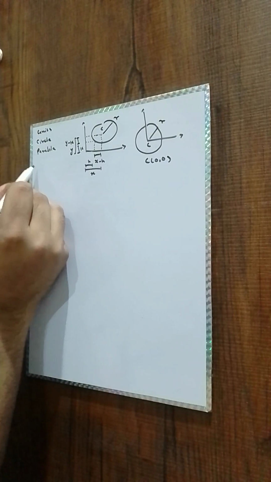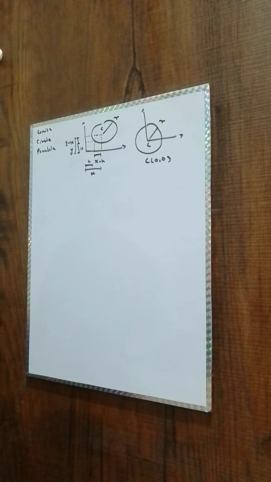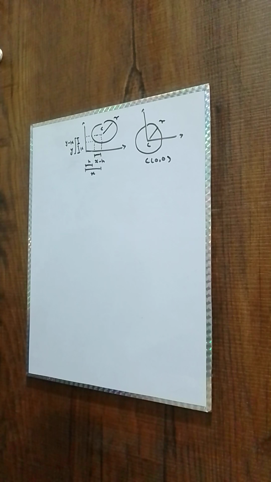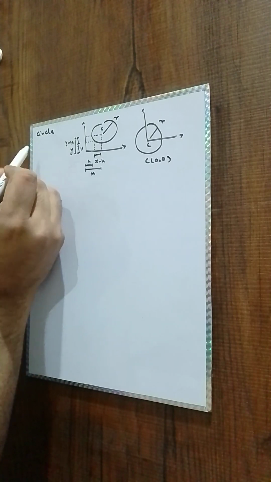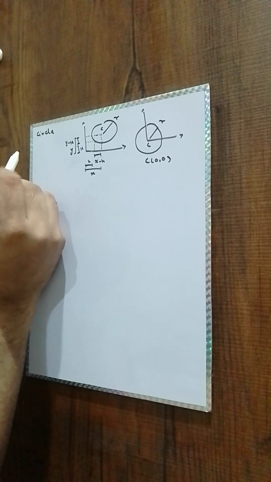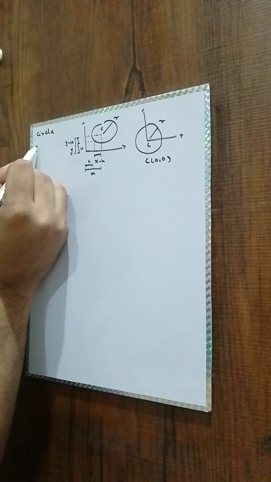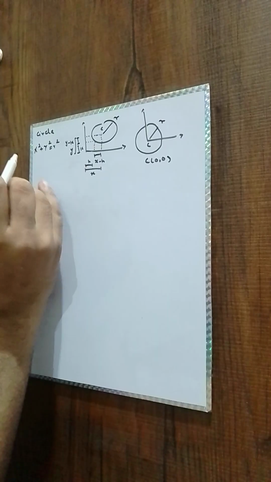So in general, if we are to discuss a circle, we have this form which says x square plus y square is equal to r square.